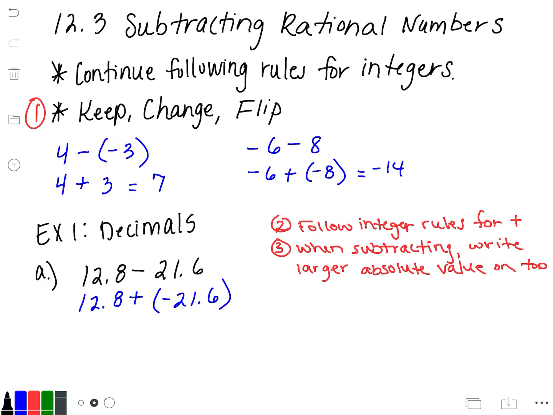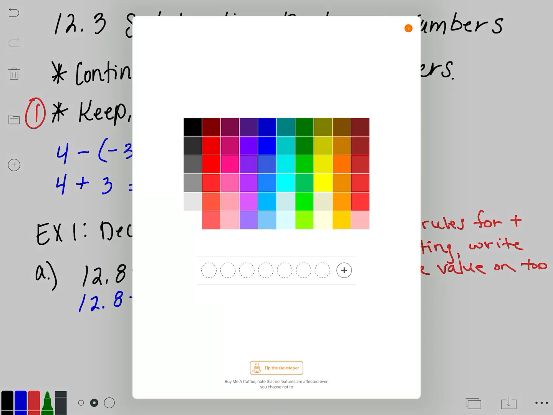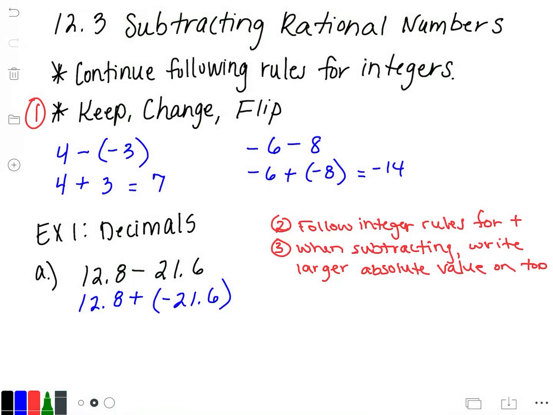So when I write this vertically, maybe I'll change my color. When I write this vertically, it becomes 21.6 minus 12.8. I'm going to worry about the sign of my number at the end. If you look at it now, you'll know it'll be negative because negative 21.6 has a larger absolute value. So I'll just stick the negative sign in at the end.